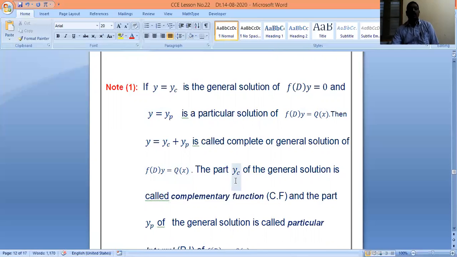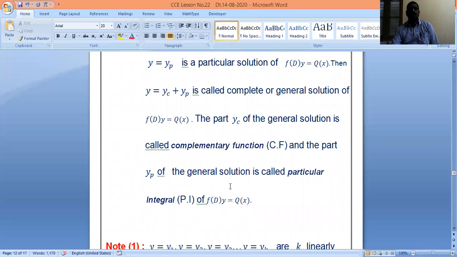Here the part yc of the general solution is called the complementary function, CF, and the part yp of the general solution is called the particular integral of f of D into y is equal to q of x.